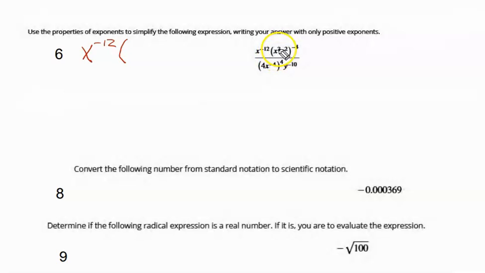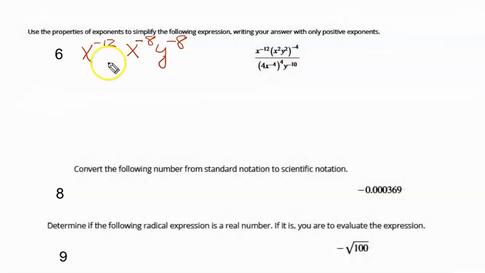So this is x to the second times a negative 4, which then will become x to the negative 8. And this is y to the second to the negative 4. This is going to be y to the negative 8. Now, I don't really need to have a parenthesis there, so I'm going to take it away. All right, that's my numerator.